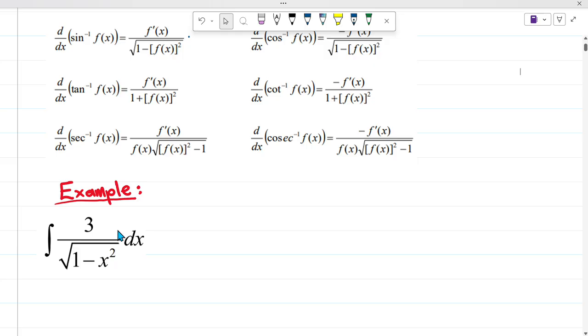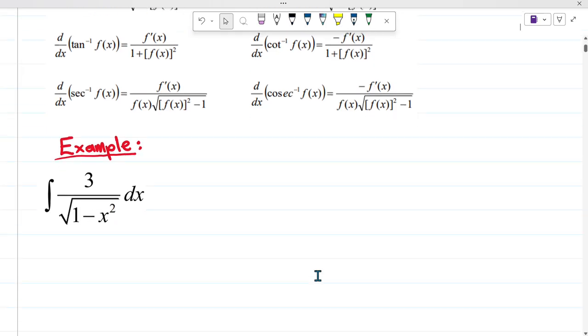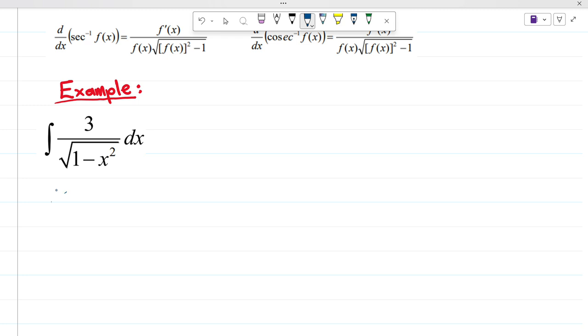So we can rewrite it nicely so that everyone can see. I can take the 3 outside, and I'll end up having 3 times the integral of 1 dx divided by the square root of 1 minus x squared, just like this.